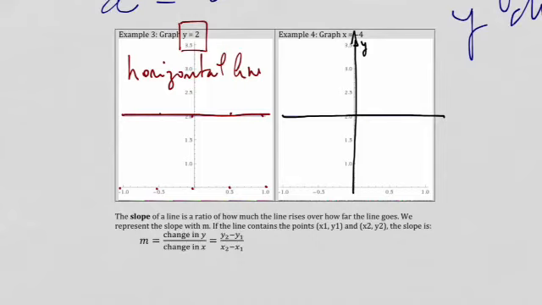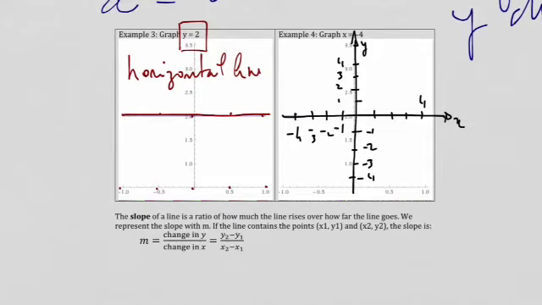So this is going to be my y-axis, this is going to be my x-axis, and I'm going to label 1, 2, 3, 4, as well as negative 1, negative 2, negative 3, negative 4, and then negative 1, negative 2, negative 3, negative 4, and 1, 2, 3, and 4. Okay, if I want to graph x equals negative 4, no matter what value of y I'm going to have, x will always be negative 4.